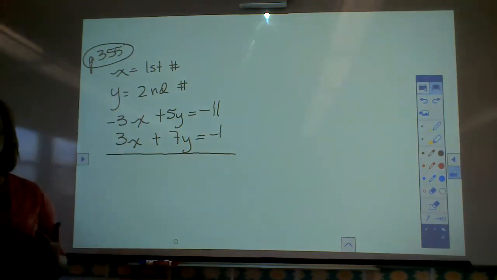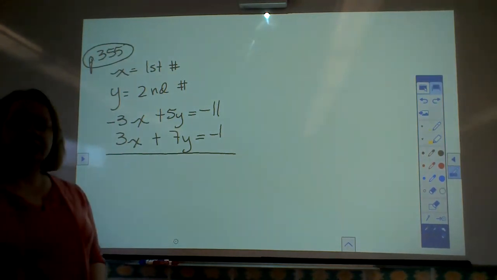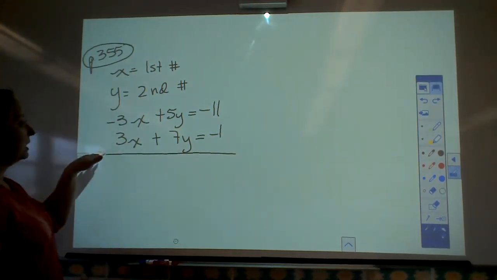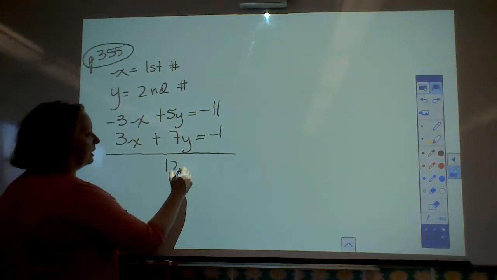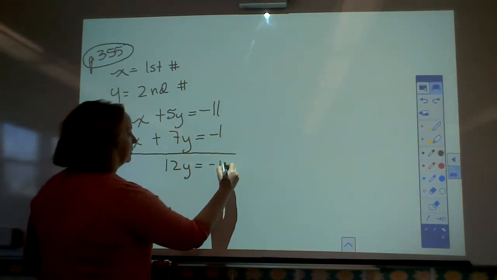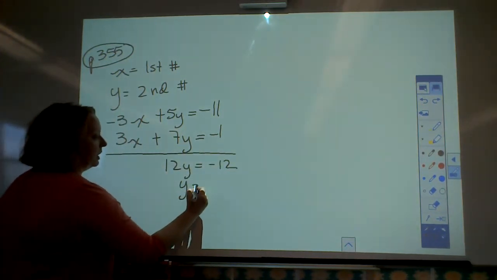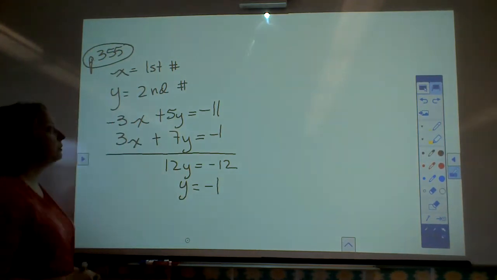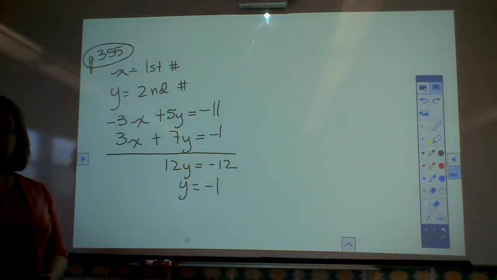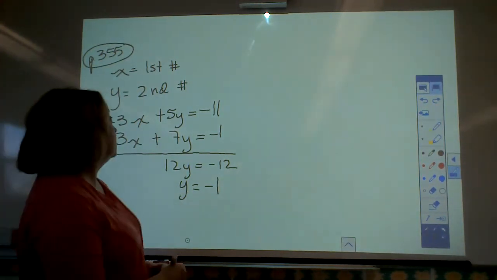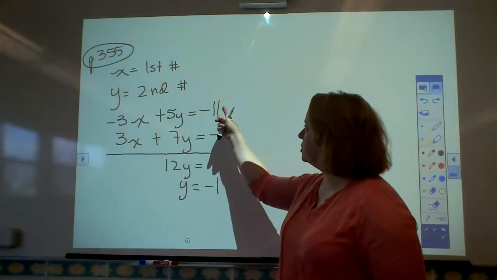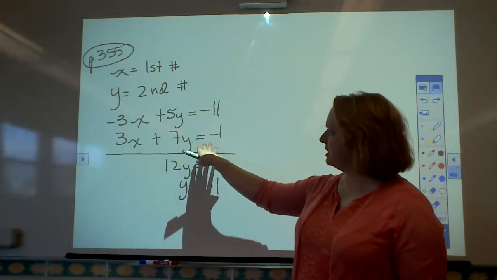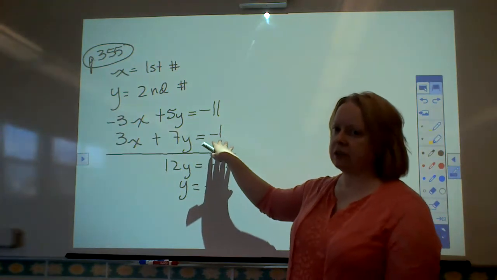Okay, so we have them set up, and now we're going to try to solve the problem. Okay, so we're just going to add, and you get 12y equals -12. Y equals -1. Okay, so -1 is going to be your second number. And we're just going to sub it in. I'm going to put it into the second equation because that looks a little bit easier.